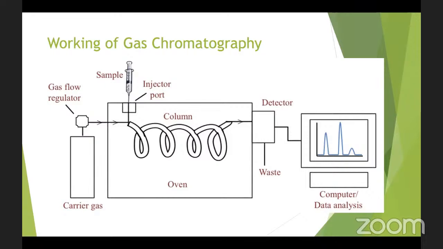Often a liquid is used here as the stationary phase, but when liquid is used, a special thing has to be kept in mind: the liquid should have a higher boiling point. Why? Because this is an oven that is set at a higher temperature. If the liquid phase does not have a higher boiling point, then it will not be stable.